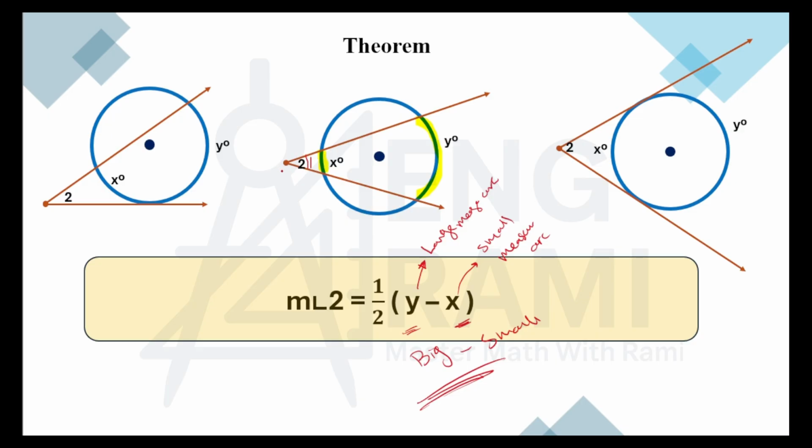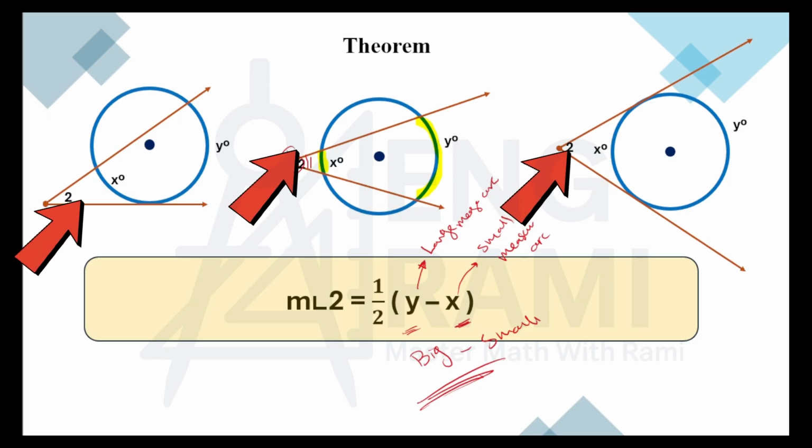Previously, we were talking about the angle inside the circle, which is formed by the intersecting of two secant lines. Now we are talking about outside the circle. You see, this is outside, and this is outside, and also this is outside the circle.